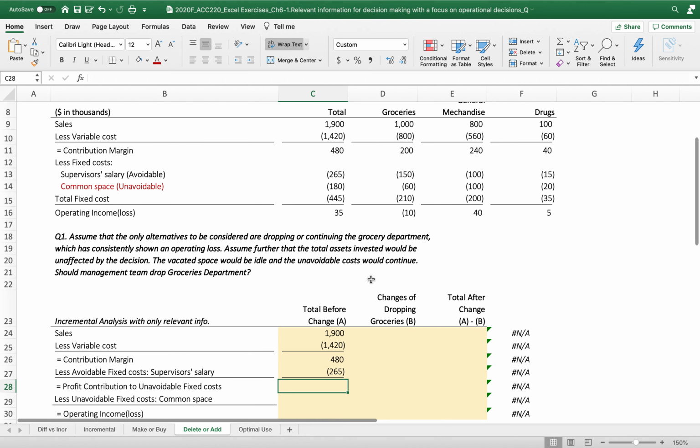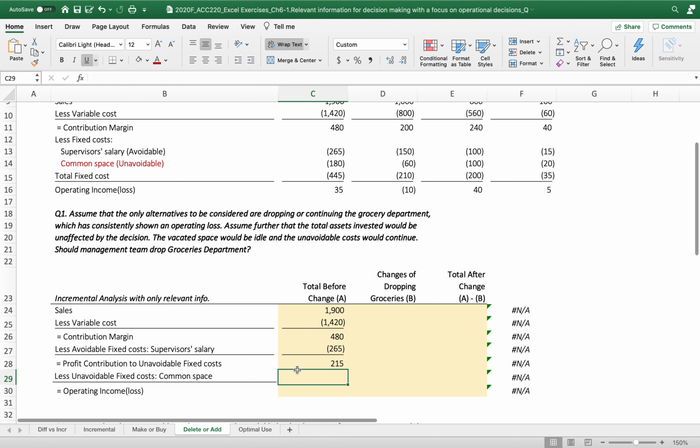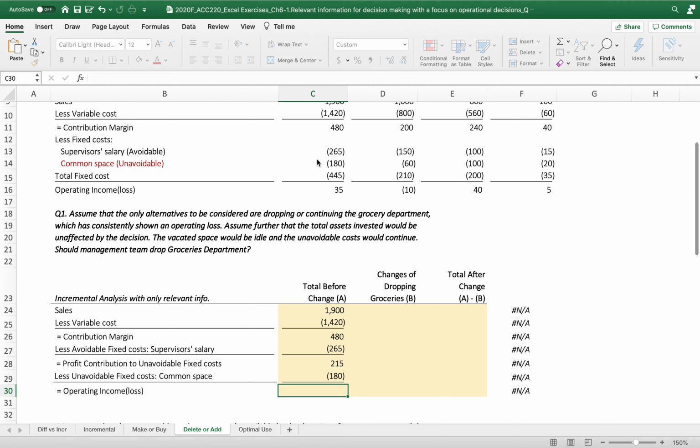So we take the avoidable fixed cost apart from the unavoidable fixed cost to identify the profit contribution before the unavoidable fixed cost. So we identify the profit. Profit is 215. Then less unavoidable fixed cost, which is common space, 180. So the operating income is, anyway, the same result, 35.